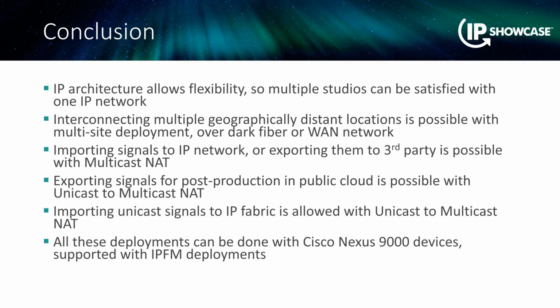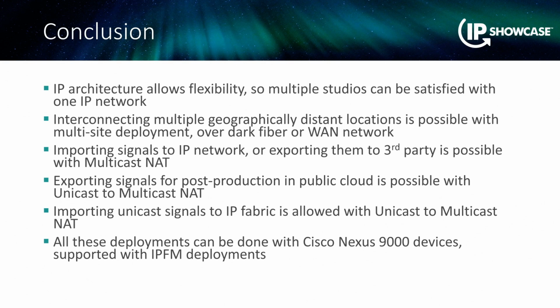As I mentioned, when I started with the architecture of the network, you have flexible choices. Either go with spine and leaf, to satisfy a multiple studio type of environment, or go with a single modular switch. Let's say that's your OB-WAN use case, so you would put it there. Then if you need to interconnect multiple geographically distant locations, let's say that you have a remote production. Let's say that there is a sporting event like the Olympic Games, for example, what happened in Tokyo.